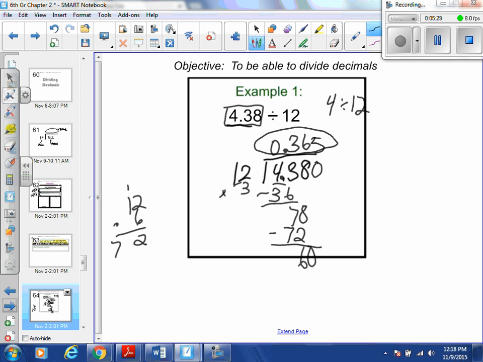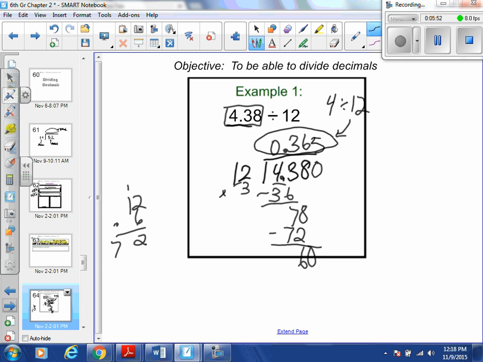If I had 4 cheesecakes and I divided them up between 12 of you, you would each get less than half a cheesecake, because 12, our divisor, is bigger than 4, our dividend. So 4 divided by 12 is less than half, and our answer is less than half, so it looks like I probably did a pretty decent job.